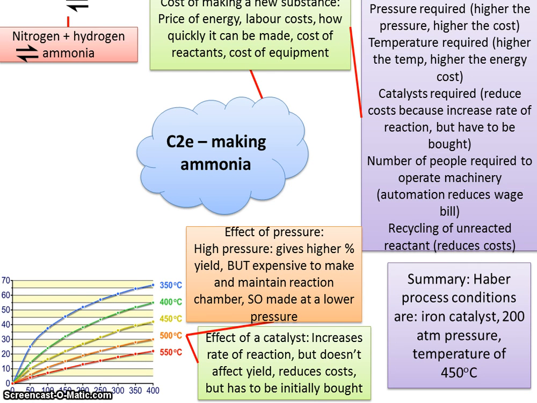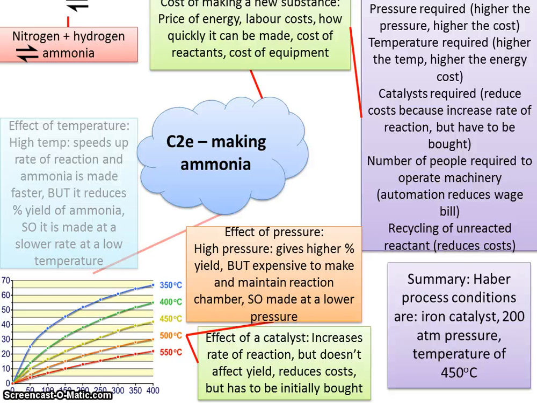Okay, so that graph in particular then, the higher pressure does give a higher percentage yield, but it makes it expensive to make and maintain the reaction chamber, and that's why you need to have a lower pressure. The catalyst increases the rate of reaction but doesn't affect the yield, again reducing costs, but has to be initially bought.